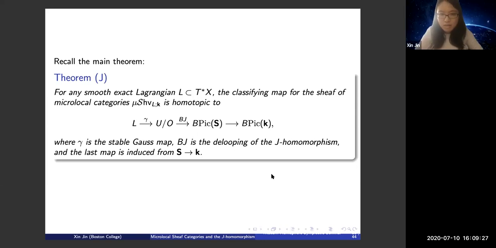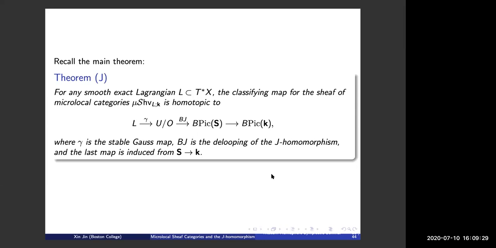Yes. Okay, so in the cotangent bundle of a sphere, it was proved by Abouzaid, Kragh, Guillermou, and Kurt that you have in fact a map from the base to Pic S, not BPic S. Is there any way this can be seen from this viewpoint, or not really?